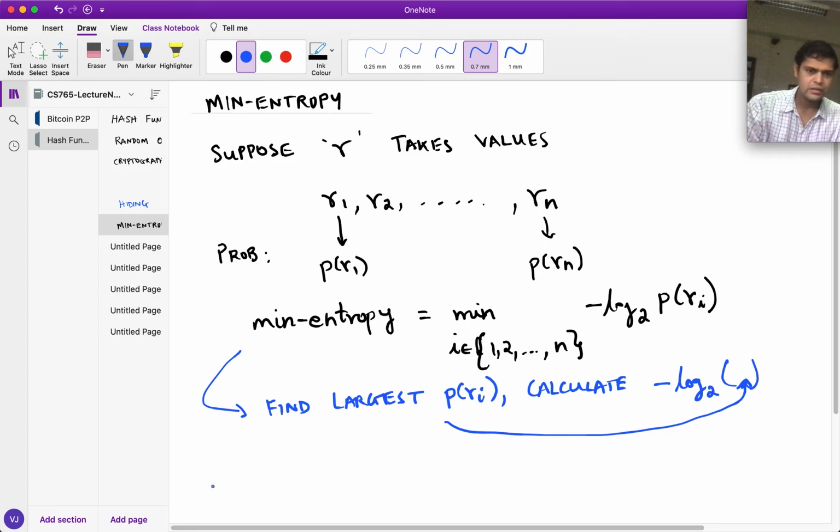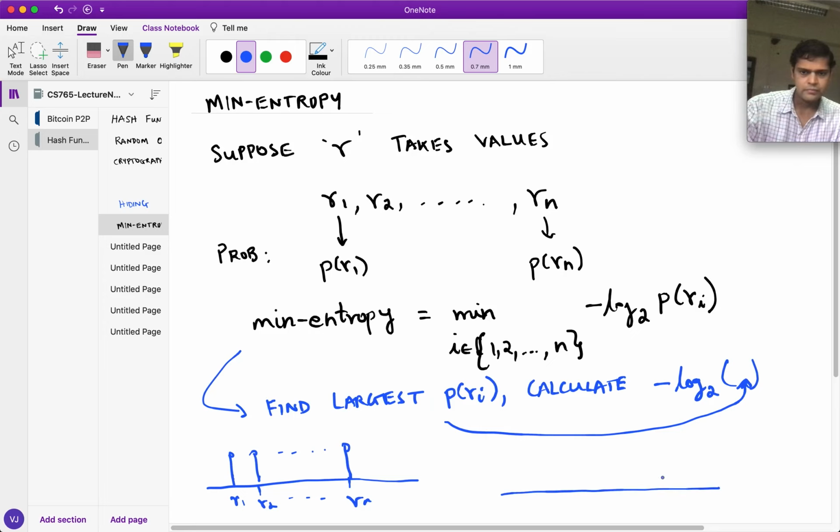So let's look at two distributions. One is, let's say, uniform, and let's say one is non-uniform. Of course, in this case this is much larger than over this.